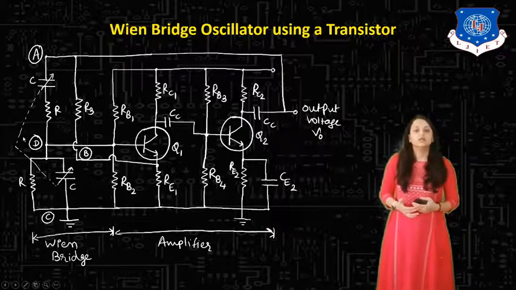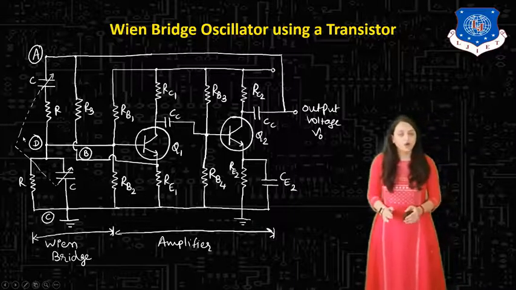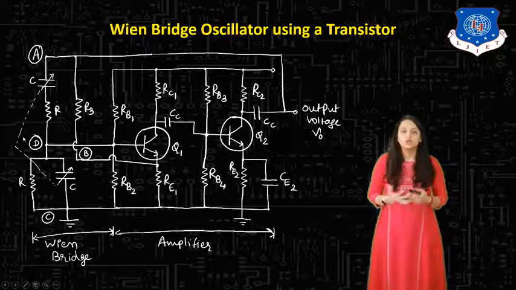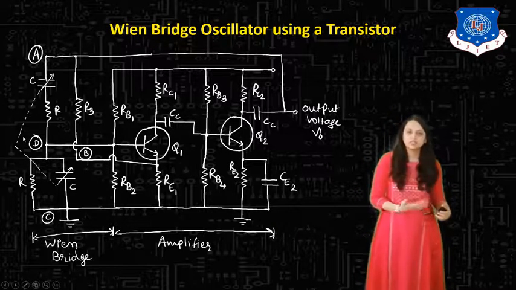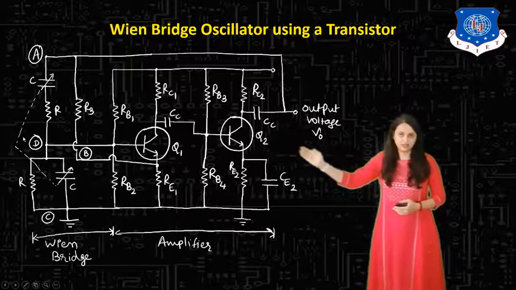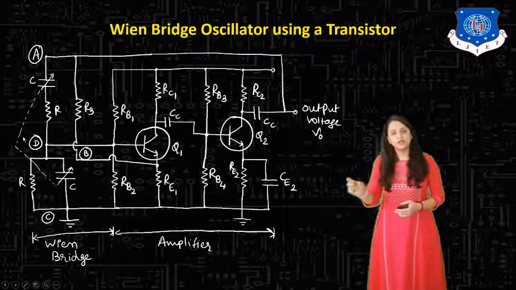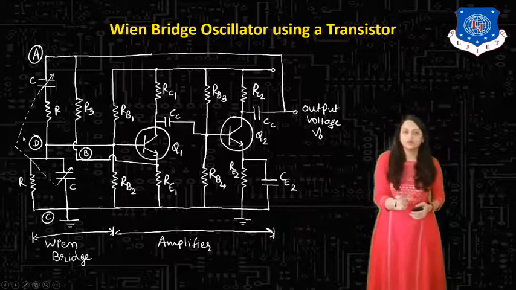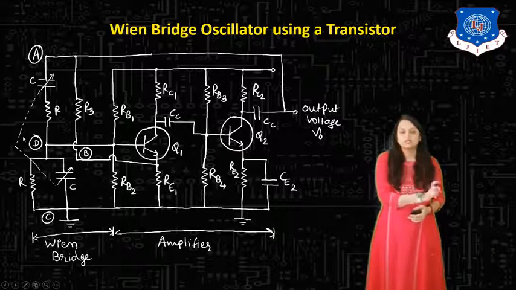But here the Wien bridge basic circuit does not introduce any phase shift. So in order to have a phase shift of 360 degrees or 0 degrees at the output side, we need to use 2 CE amplifier stages. One will introduce 180 degrees phase shift and the other will introduce another 180 degrees to make it 360 degrees, that is 0 degrees at the output.